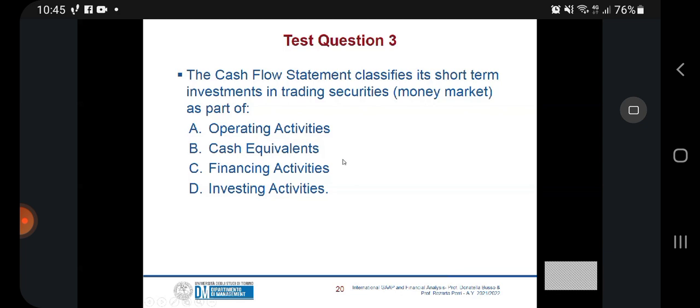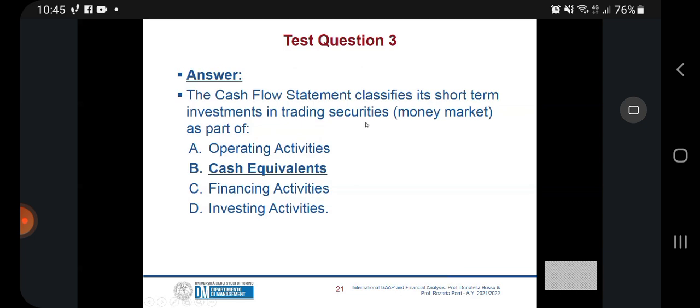If you refer to one of those small tables that clarify the position, we said that if there are very short-term investments, less than 60 days, that is considered to be part of cash equivalents. So investments in trading securities, in money market, that means investments that I will not hold for long periods, are going to be considered as cash equivalents.